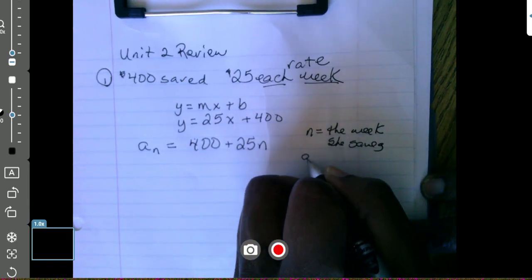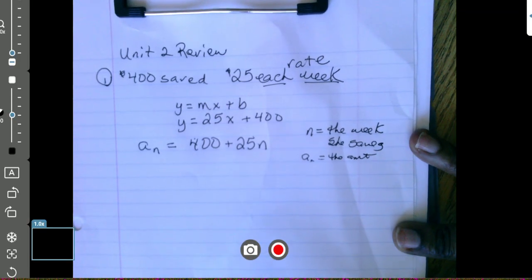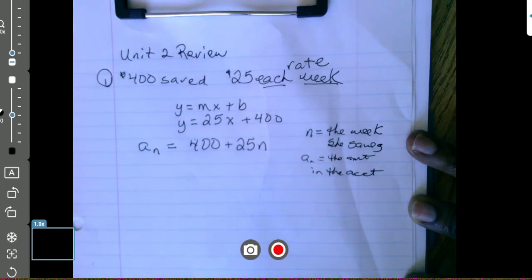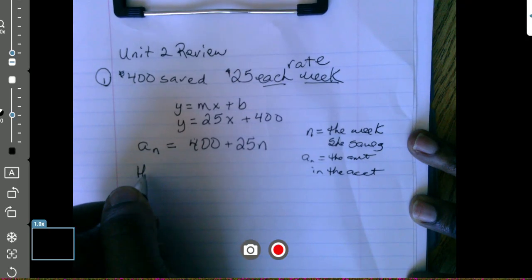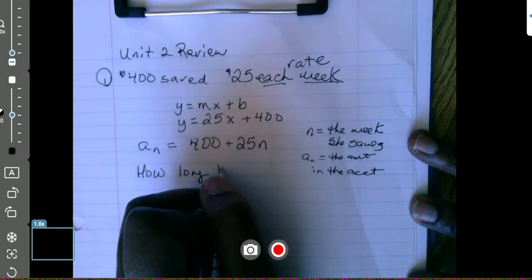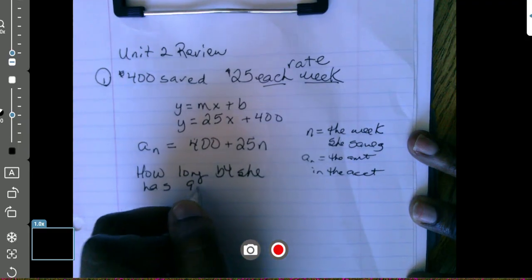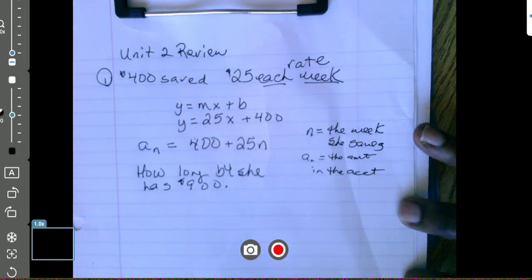A sub n is the amount of money in the account. So the question that they want us to answer is, how long will it take for her to have, let's say, $900?